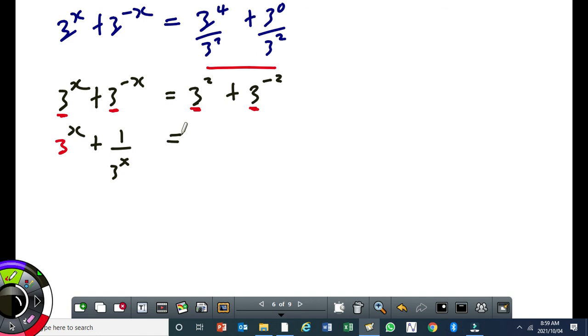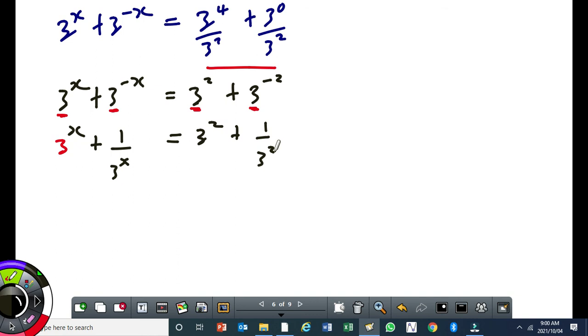Now, do you see that there is this 3 to the power of 2 plus that 3 to the power of minus 2? I can write it as 3 to the power of 2, right? Plus 1 over 3 squared. Okay? So eventually I can end up having, now the right hand side I can simplify.